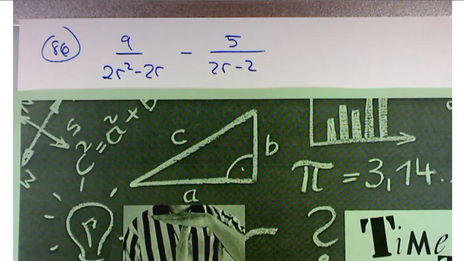Try factoring both denominators to get started, to figure out what the common denominator is. There's a GCF for both of them.